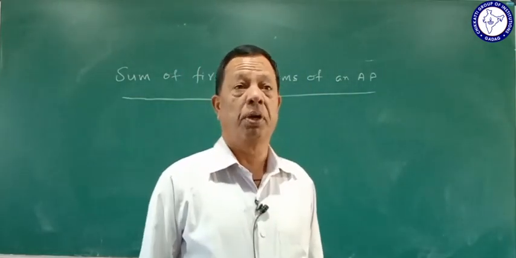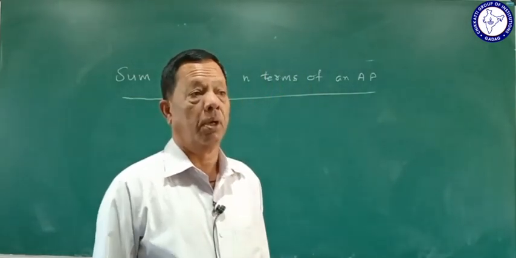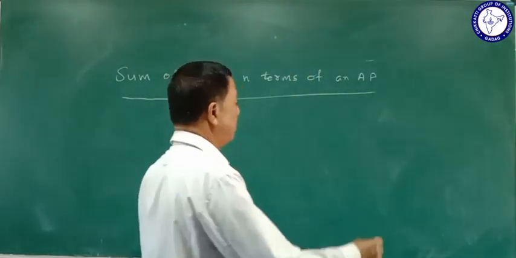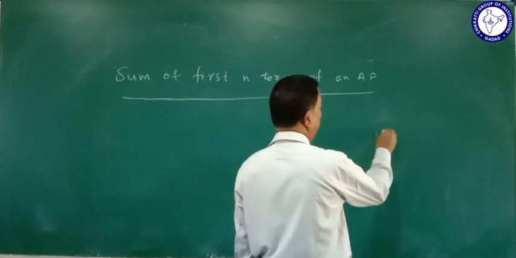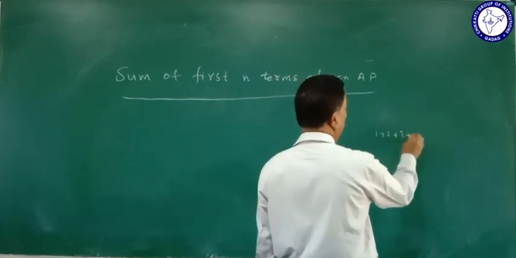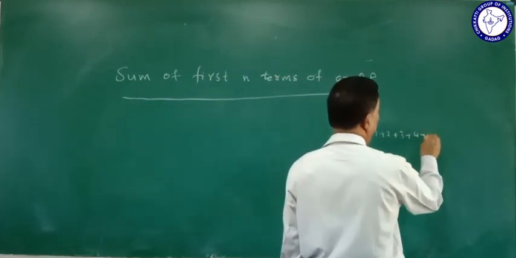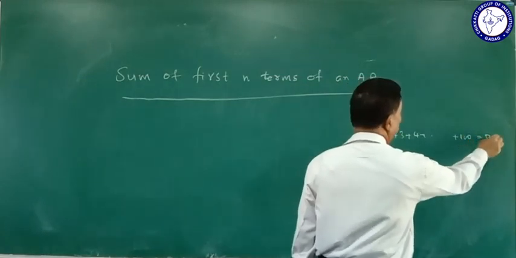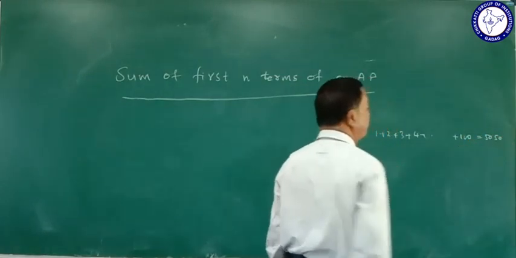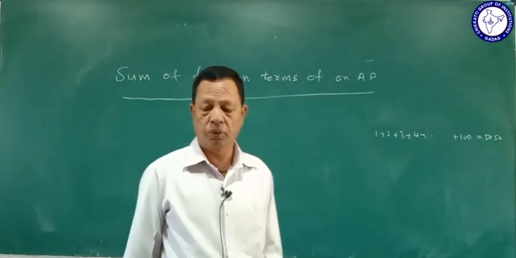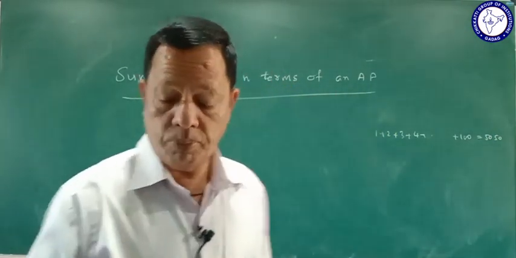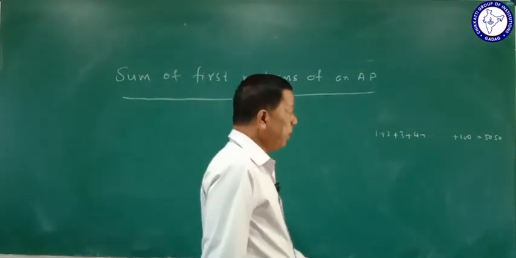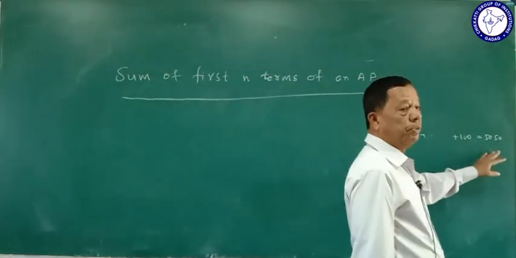Surprised, because how did he add all the numbers? For example, if I say 1 plus 2 plus 3 plus 4 like that up to plus 100 equal to, he told 5050. So the point is to discuss how he told this answer 5050.